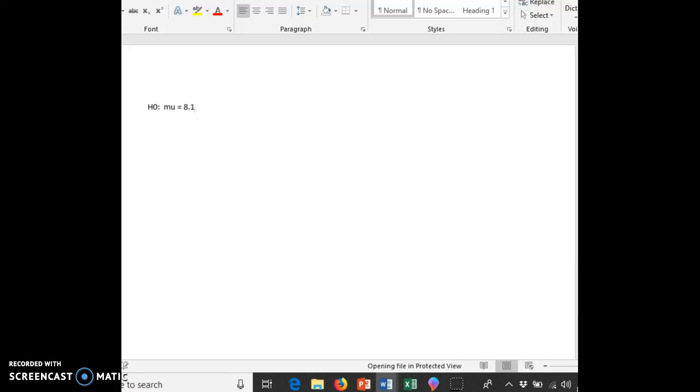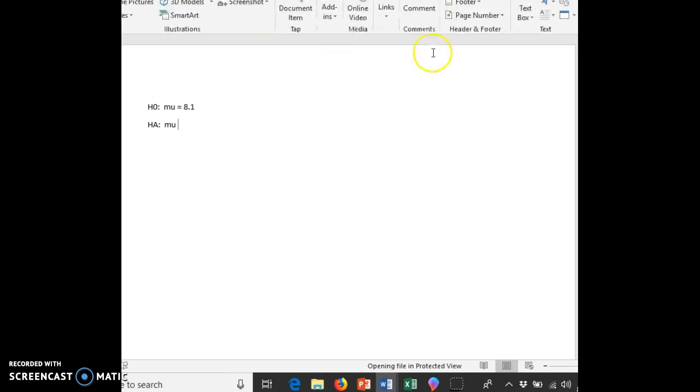Now the alternate. In this situation, both underfilling and overfilling are a problem, so we want to know if mu is not equal to 8.1.